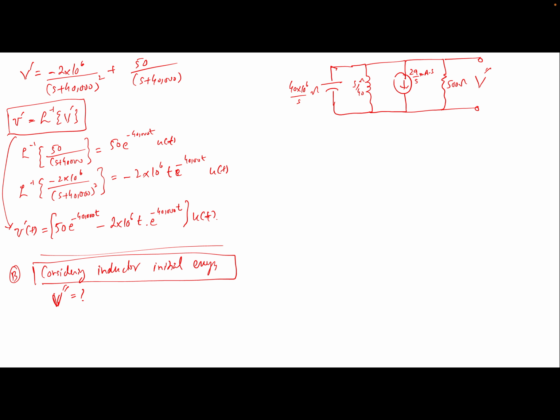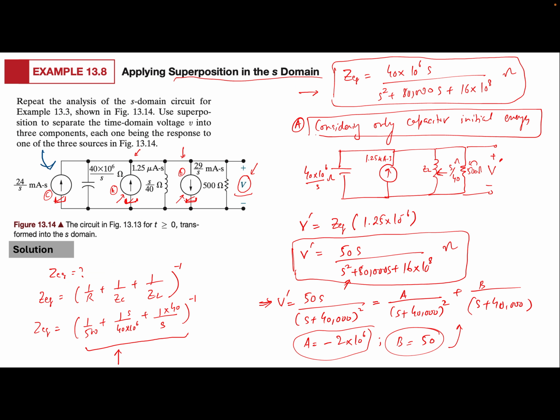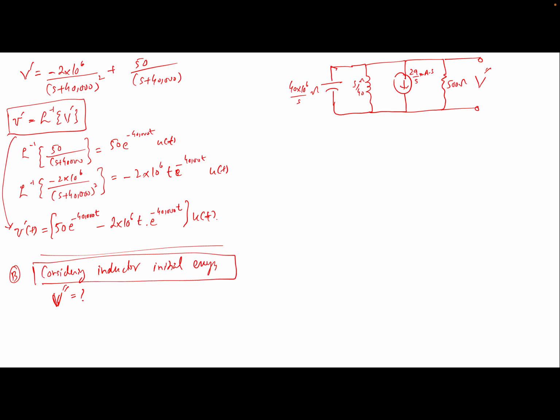So this is our new equivalent circuit that only considers this energy source, which practically came from the initial energy of the inductor when we modeled the inductor in the S domain. Okay. Again, simple. Your v double dash comes out to be z equivalent times this energy source, which is 29 over s into 10 to the minus 3, because it was in milliamps.